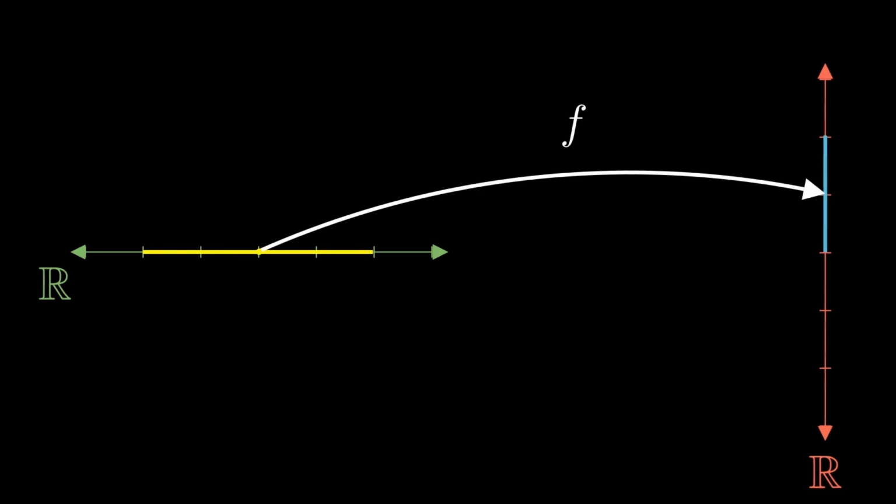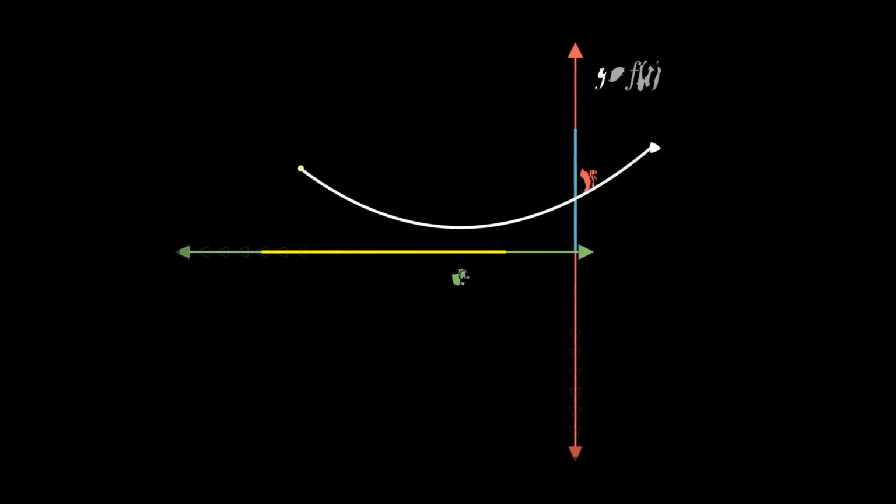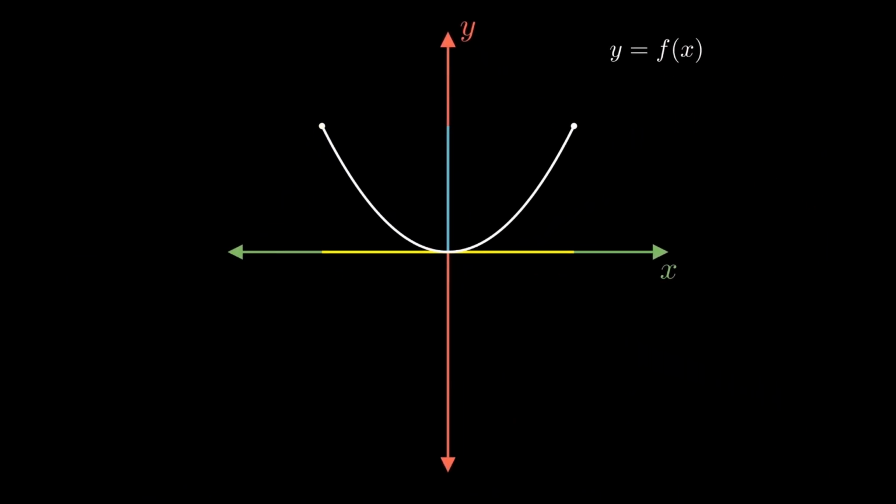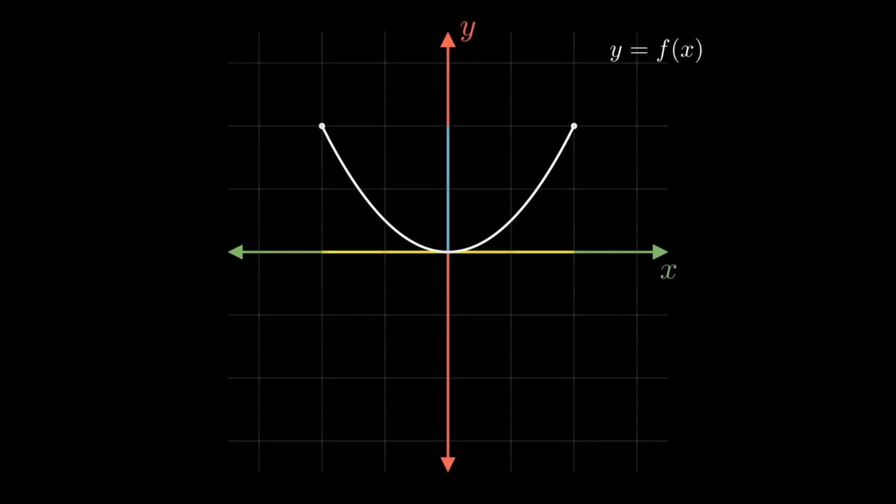This is where using the more compact representation of the graph of the function becomes invaluable. In this case, I have sketched the graph of the function y equals 1/2 x squared.